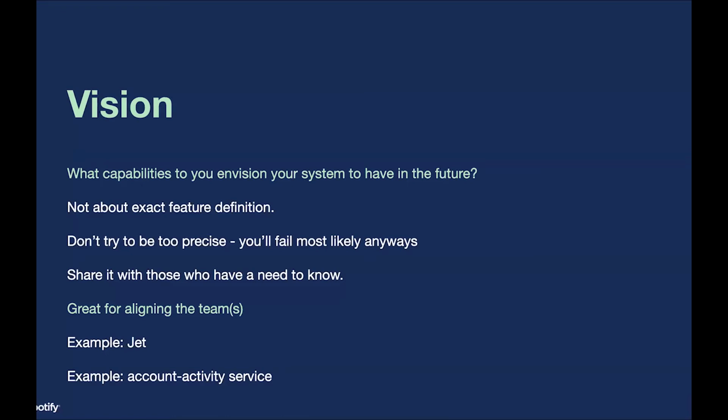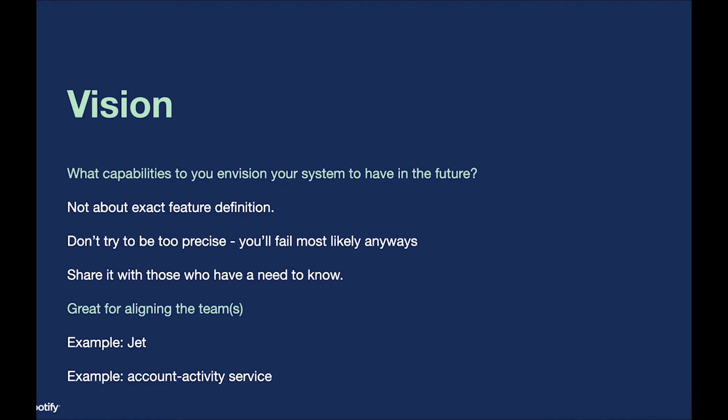In my point of view, in order to formulate a vision, you should ask yourself, what do I see this system doing, or this feature doing, this product doing, whatever you're at the moment designing, in the future, let's say in 2, 3, 4 years from now.